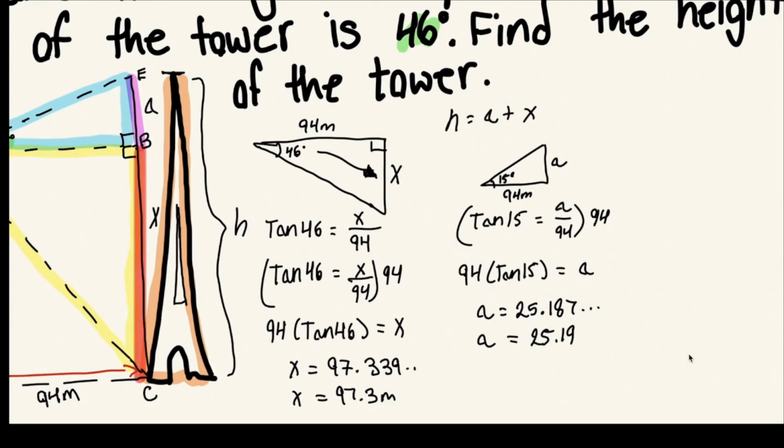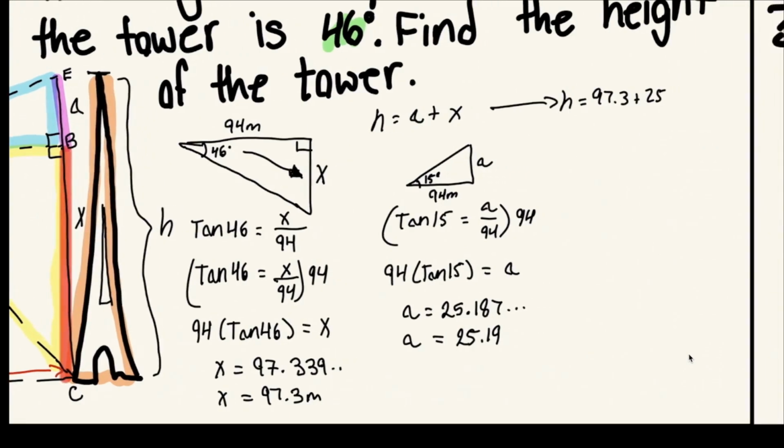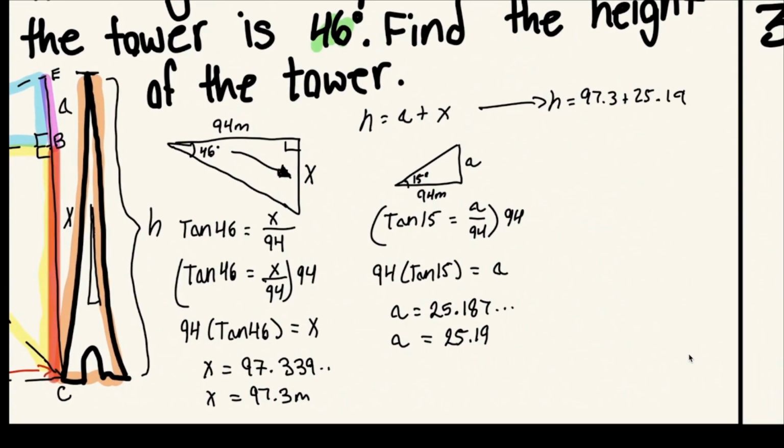And then now, to figure out the total height, we have to do height equals 97.3 plus 25.19. Let me do it real quick. 97.3 plus 25.19 will give us 122.49.